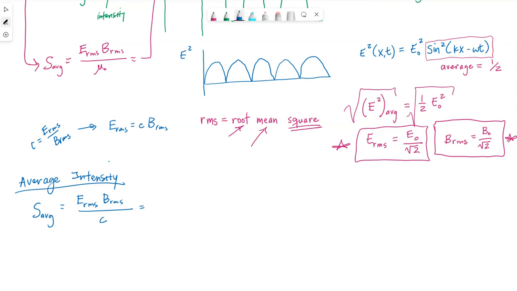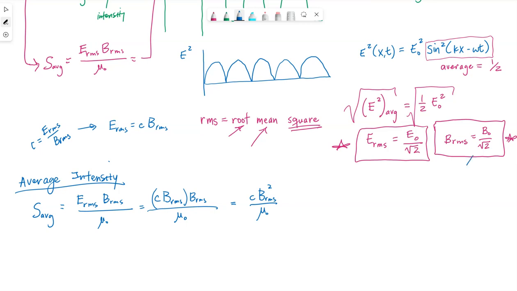If I wanted to plug that in, so E would be c, oh, I don't know why I have a c on the bottom. That's mu naught, sorry. So c times BRMS for E. So I could write this average intensity in terms of just this RMS value of B.